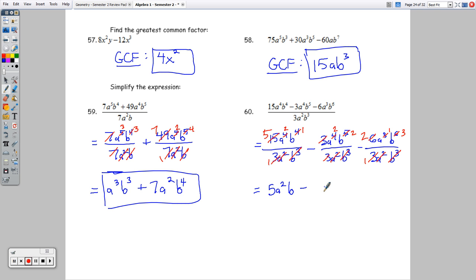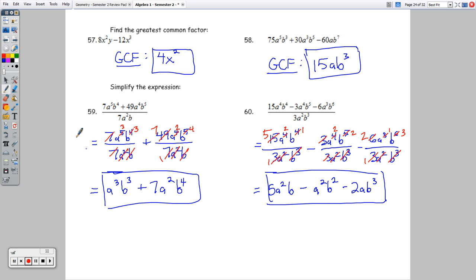We have a squared b squared for that one, and then we're subtracting, so minus that, and then minus 2a to the first, or just a, and then b cubed. We'll look for some like terms. I see a squared b, which is not the same as a squared b squared, and then here ab cubed, not the same either. So we don't have any like terms. There's nothing else I can combine together and simplify. It looks like we got that one.